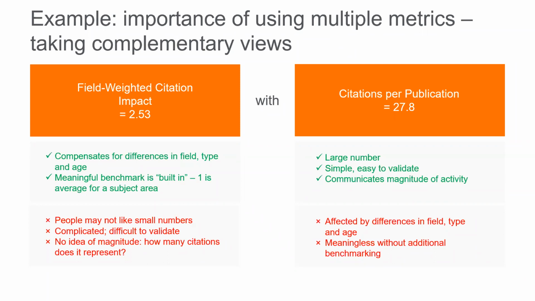So besides the CiteScore and impact factor, these are two research metrics worth thinking about further: field-weighted citation impact as well as citations per publication. Due to the time constraint, I don't have time to explain further the calculation formula.